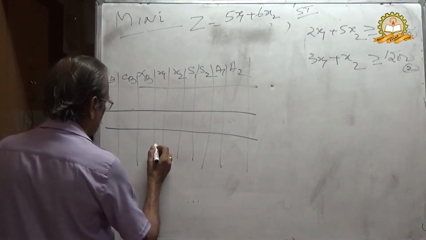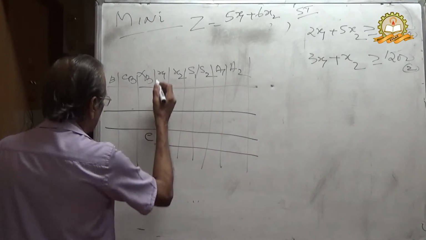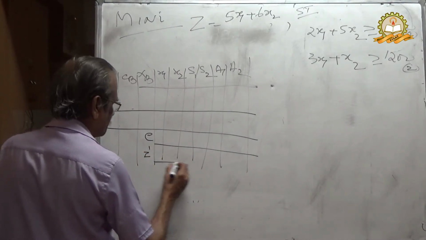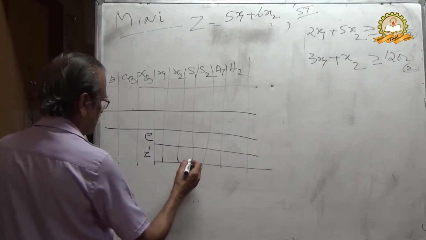Under XB you have the basic variables and z dash.